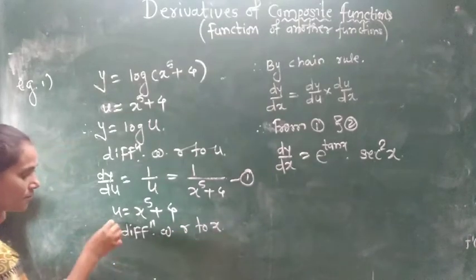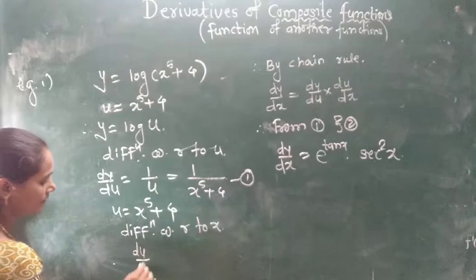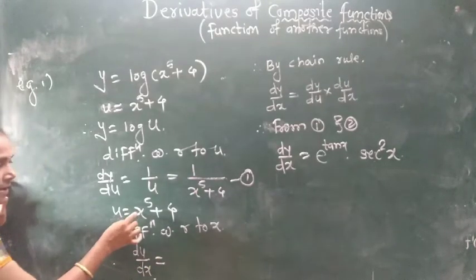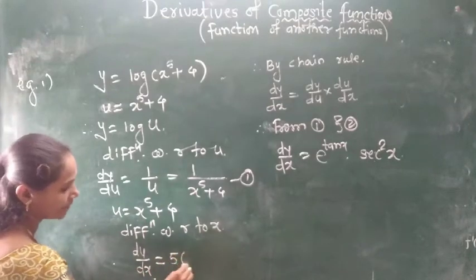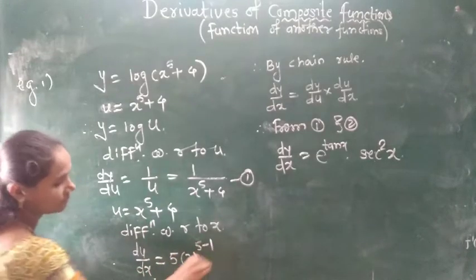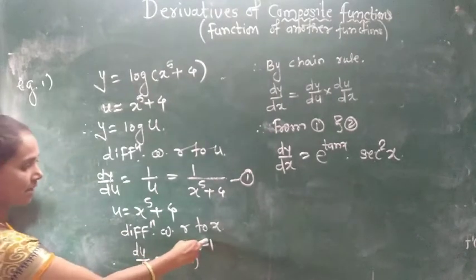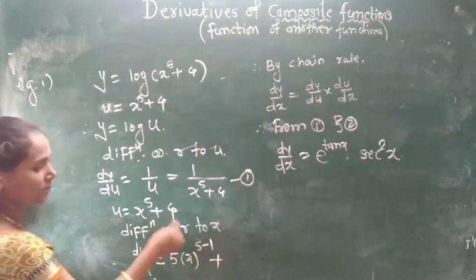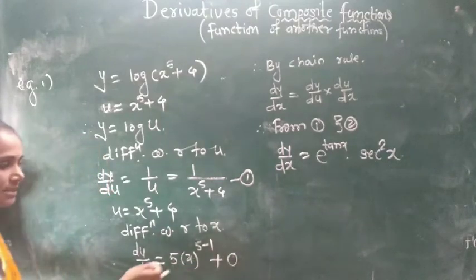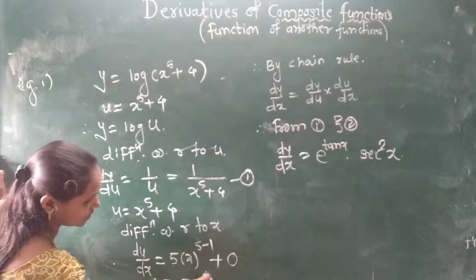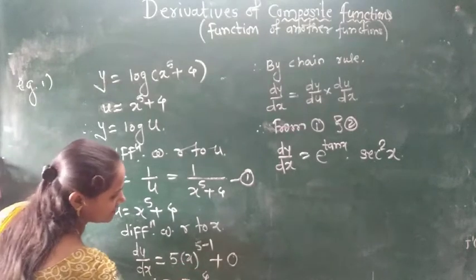That is du upon dx is equal to the derivative of x raised to 5, by the power rule, n into x raised to n minus 1, that is 5 into x raised to 4, plus the derivative of 4 is 0 since it is constant. 5 minus 1 is 4.